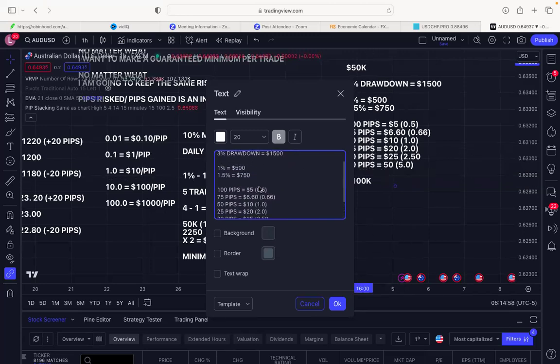So if I got 100 pips, that's $10 a pip, 1.0. 75 pips, it's $13.20, 1.32, right? 50 pips, that's $20 a pip, 2.0. 25 pips, that's 40, 4.0. 20 pips, $50 a pip, 5.0. 10 pips, $100 a pip, 10.0.